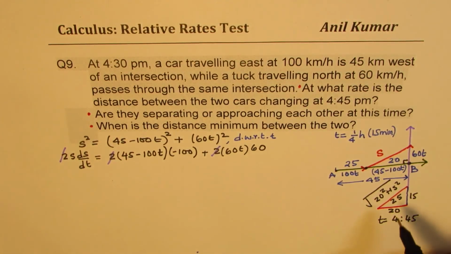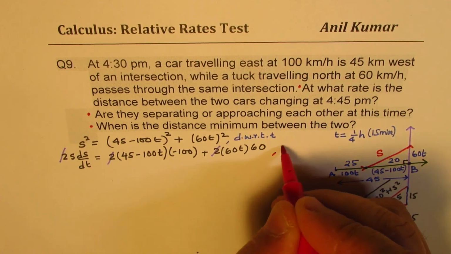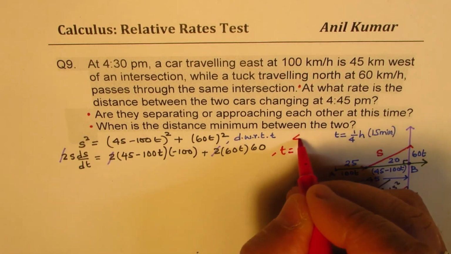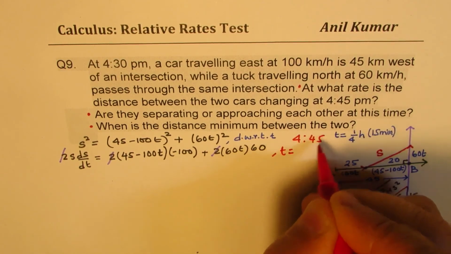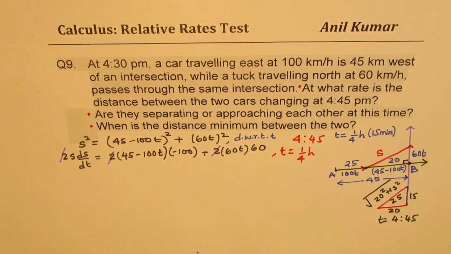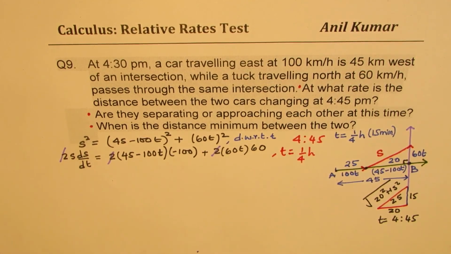So we have a distance of 25 between the two at t equals 4:45, when t is 1/4 of an hour, after 15 minutes. We can substitute these values here and find ds/dt, right?